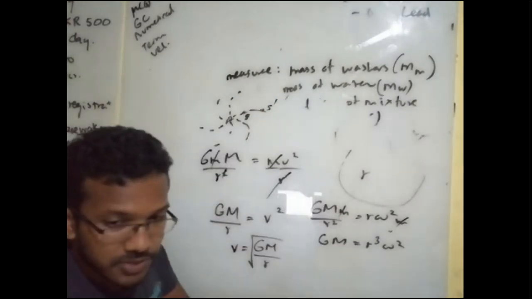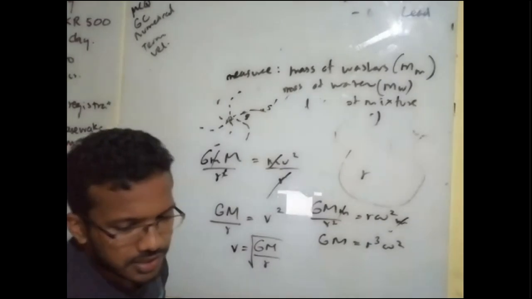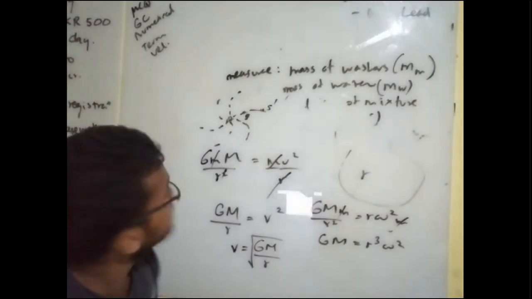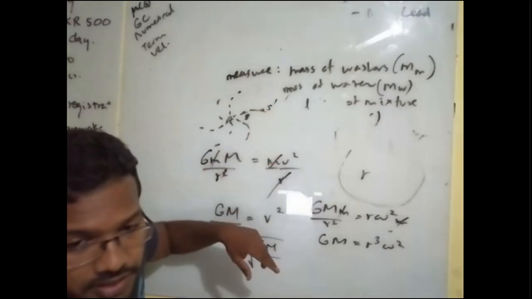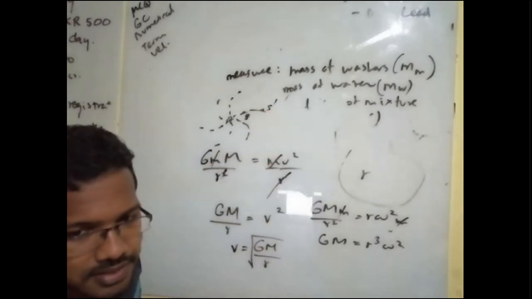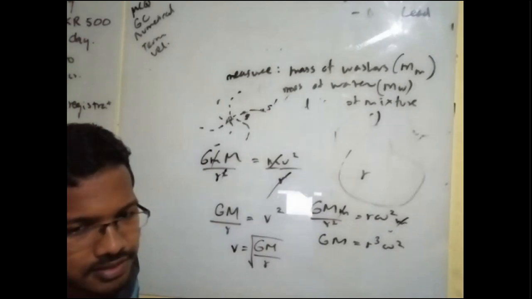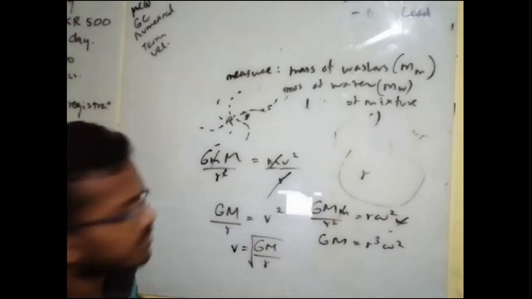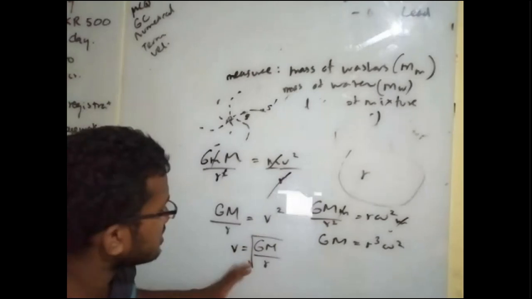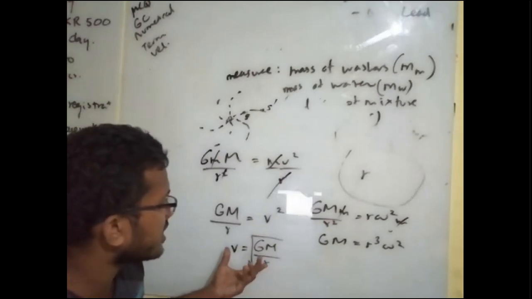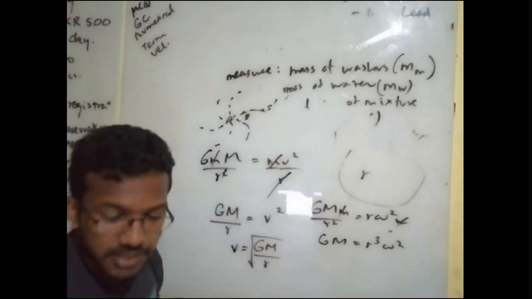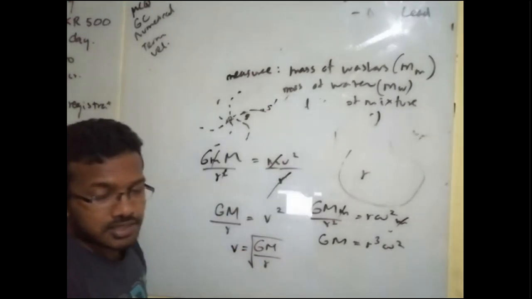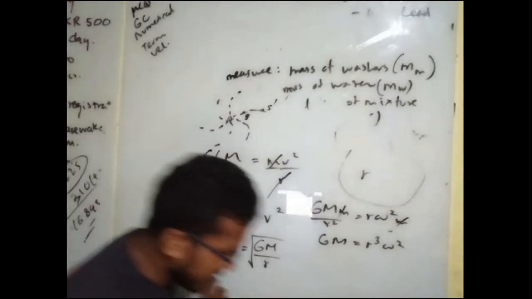Then that question said that, in reality, it has been observed that the velocity of the star in the periphery is the same as that of the Sun. According to the mathematics, the velocity should be lower, but it is observed experimentally that the velocity is the same, and that is due to the presence of dark matter.